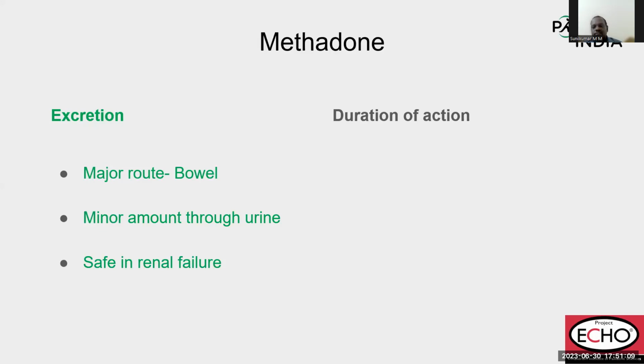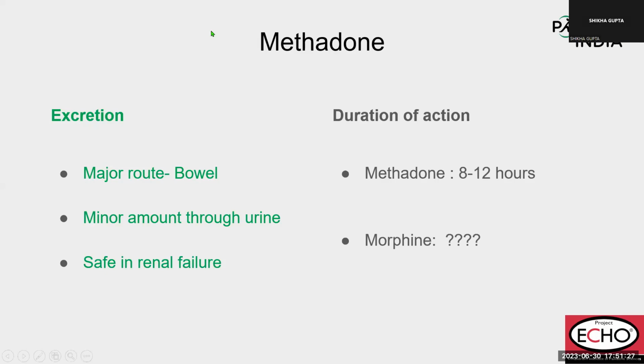What is the duration of action of methadone? It is about 8 to 12 hours, so you need to give it only TID or BD. But what is the duration of action of morphine? About 2 to 4 hours orally. 4 to 6 hours.